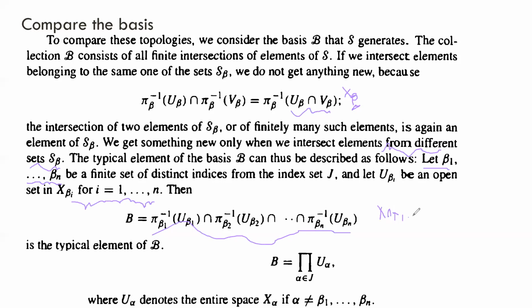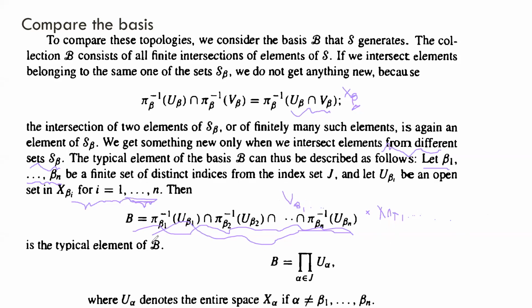This can also be written as U beta 1, all the way to U beta n, times X n plus 1, X n plus 2, and so on. So it only restricts the indices we have defined here, 1 to n.